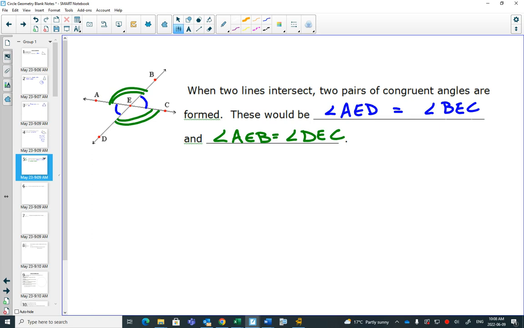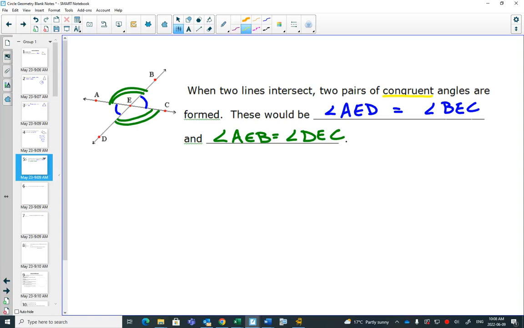Here's a word for you. Congruent. What does congruent mean? That is a good question. Sometimes as a math teacher you see a word, and since you know what it means already, you go, oh, da da da da. But that might be a new word for you.